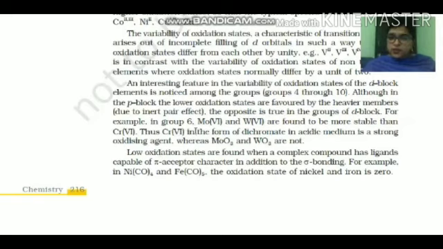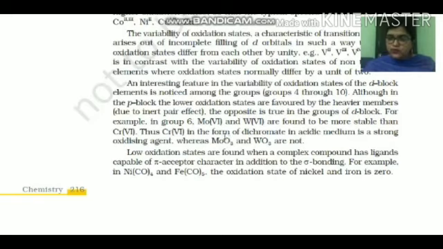Chromium is a strong oxidizing agent, means itself it will get reduced, from +6 to +3. Oxidizing agent means itself it will get reduced, and reduction means decrease in oxidation number.